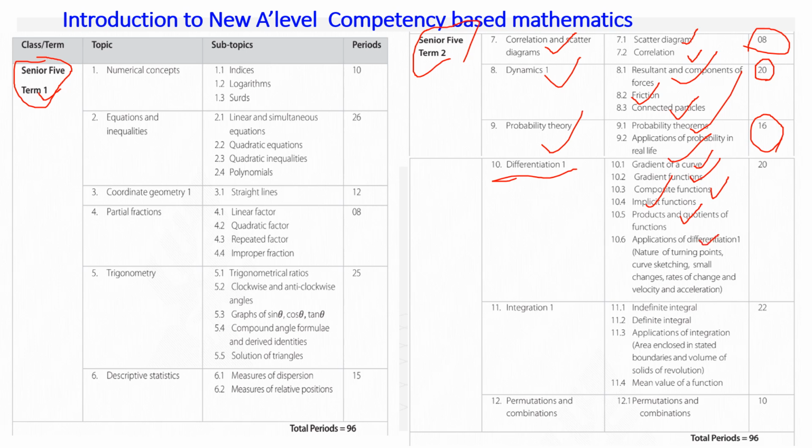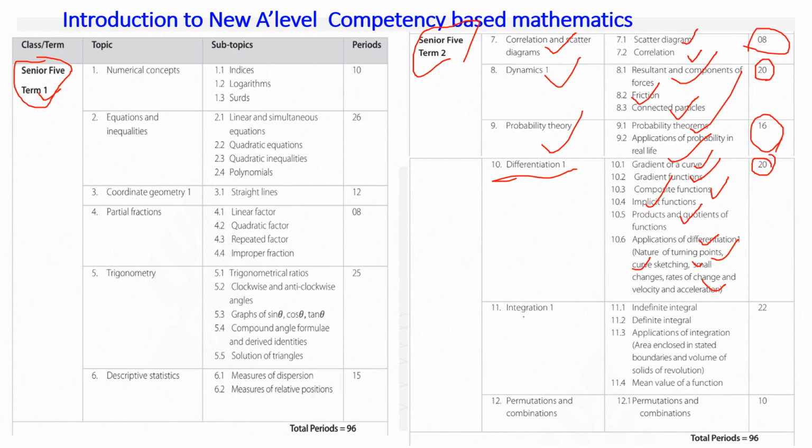Applications of differentiation 1, that is nature of turning point, curve sketching 1, small changes, rates of change, velocity and acceleration. And this will take us a gross period of 20.